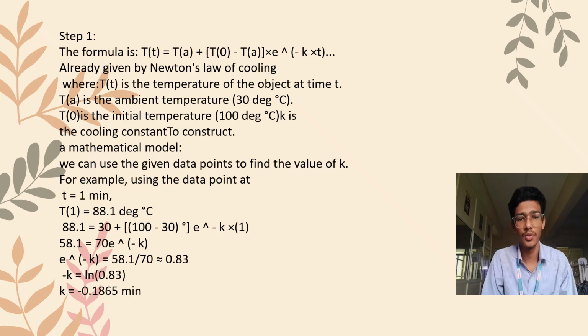For example, using the data point at t equals 1 minute, temperature is 88.1 degrees Celsius. Therefore, 88.1 equals 30 plus (100 minus 30) e raised to minus k into 1. So 58.1 is equal to 70 into e raised to minus k.